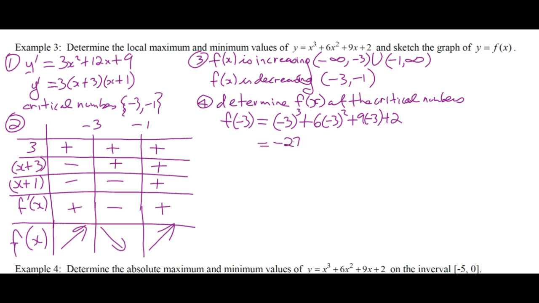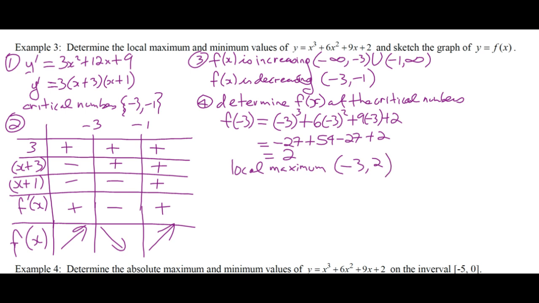And that's -27 plus 54 minus 27 plus 2, which is 2. Because -27 minus 27 is -54, plus 54 is 0, plus 2. Boom. So we could now say we have a local maximum at -3, 2.